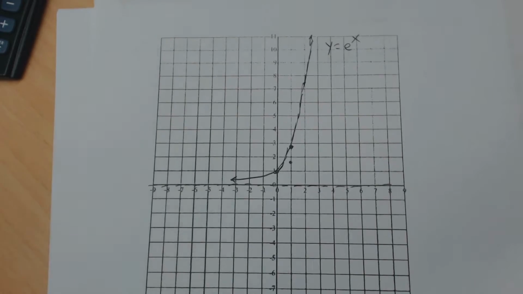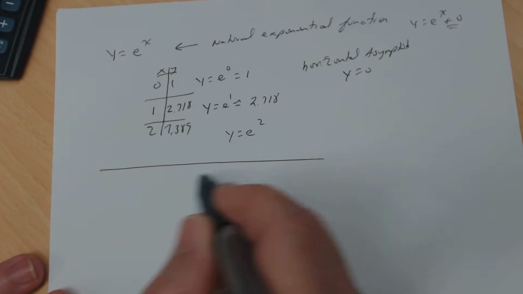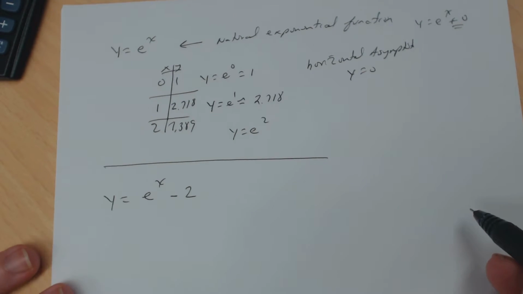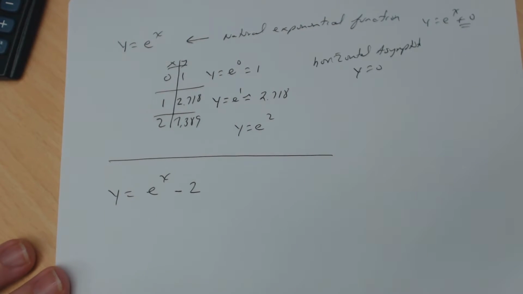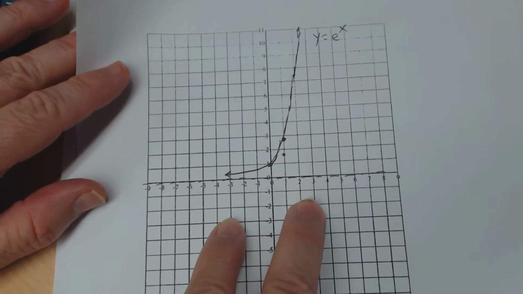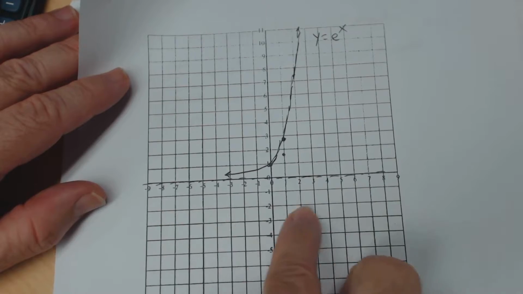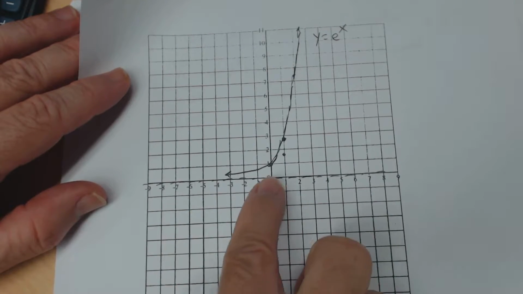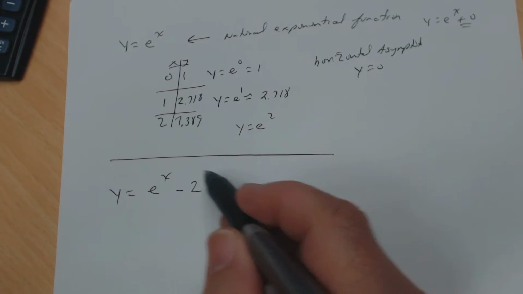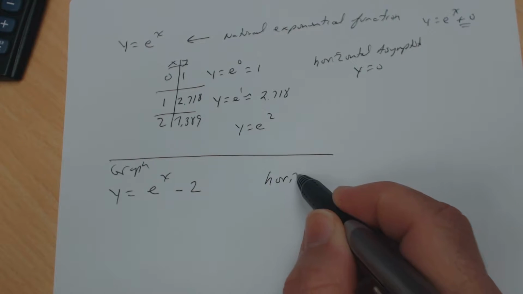Just like before, if you want to graph y equals e to the x minus 2, do the same thing. Remember what that negative 2 does is it takes this graph and shifts it down 2 units. So your horizontal asymptote is now at y equals negative 2.